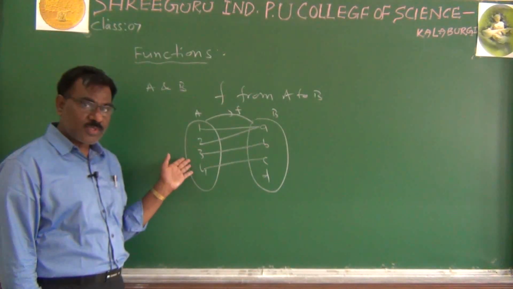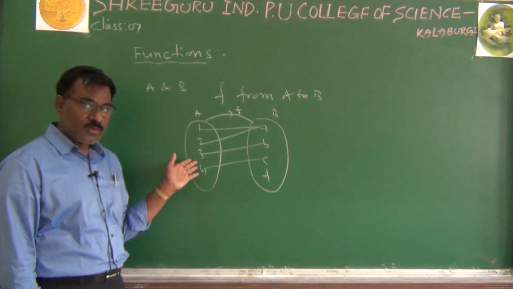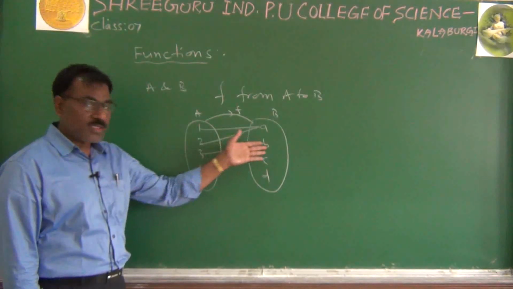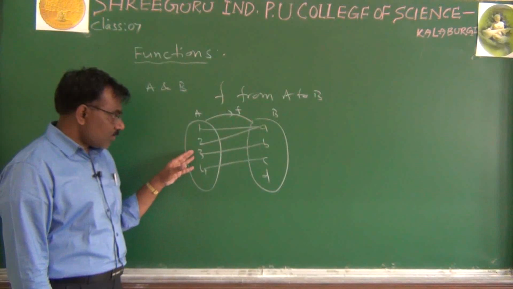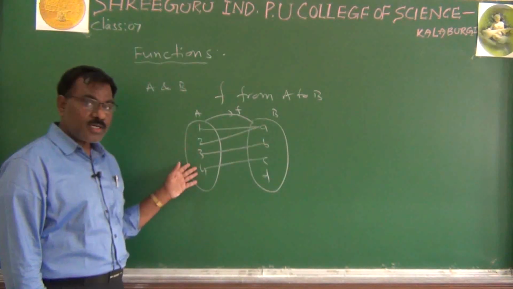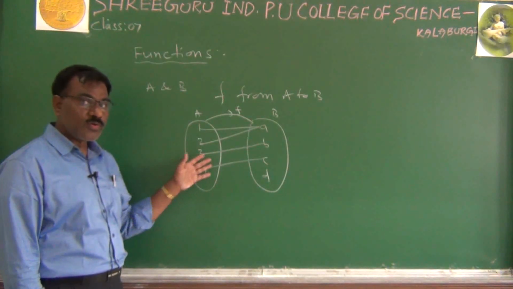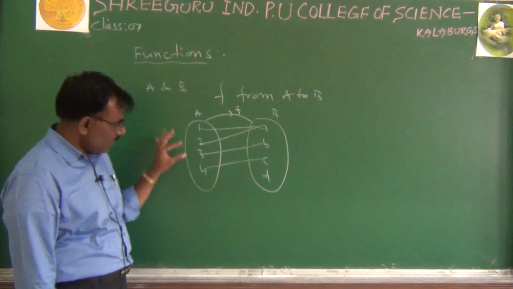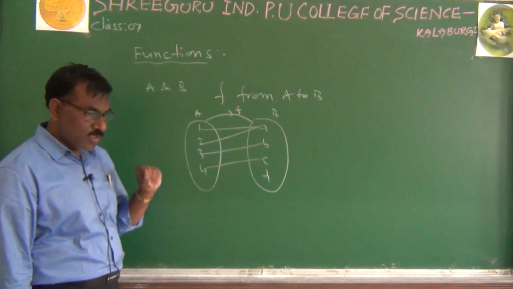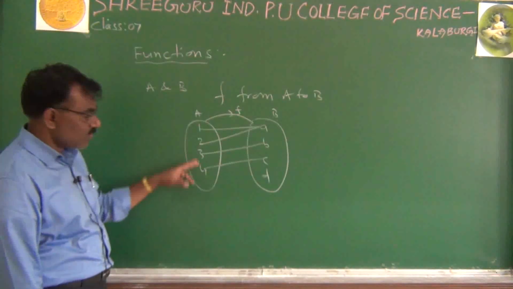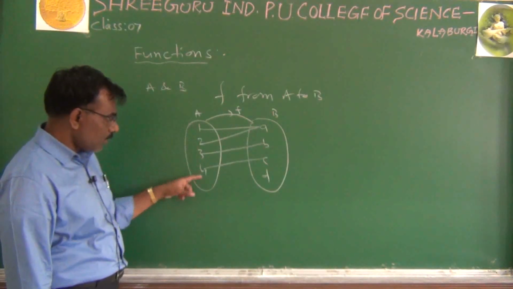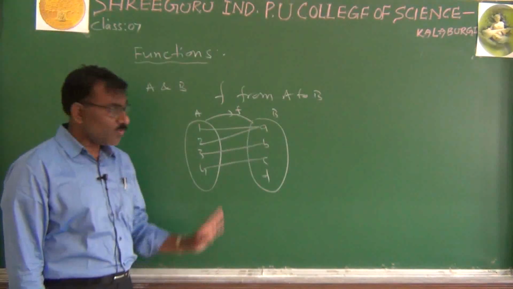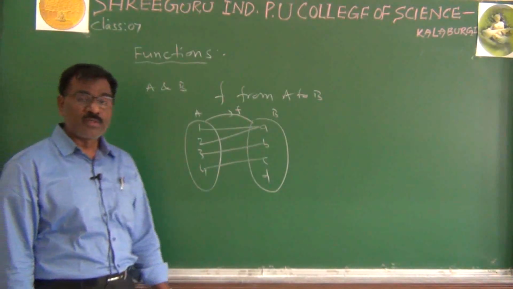All the elements of set A are associated to elements of set B, and each element of set A is associated to a unique element in set B. If you want to check whether it is a function or not, you check here only. All are associated and all are unique. So this is called a function.